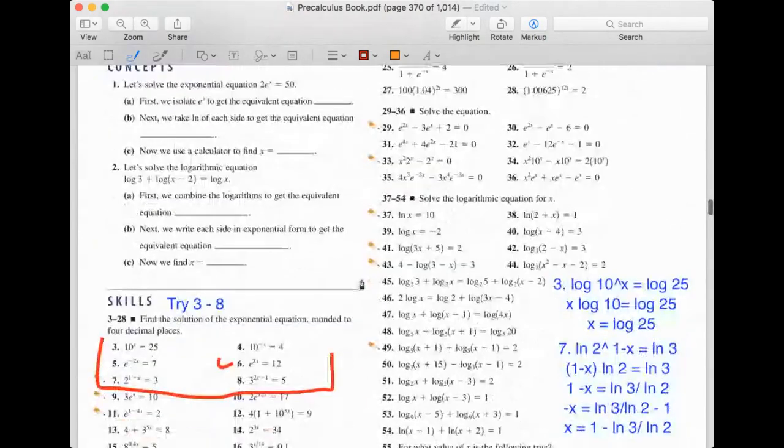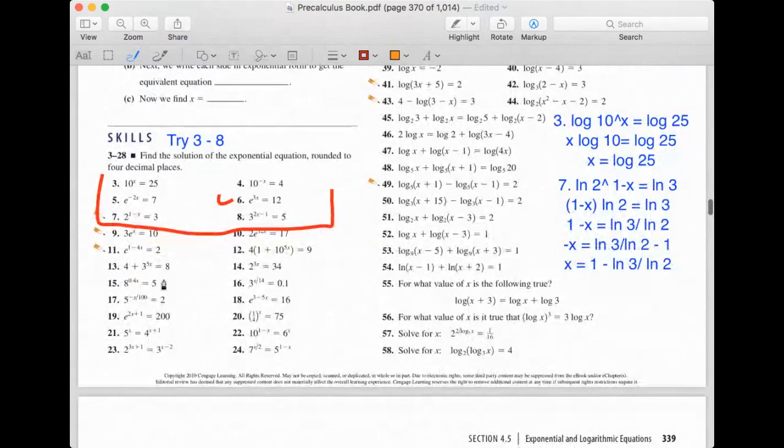Next time we're going to talk about solving logarithm equations. So let's try 12 up to 24 with the even numbers. 4.5, 12 to 24, even numbers.